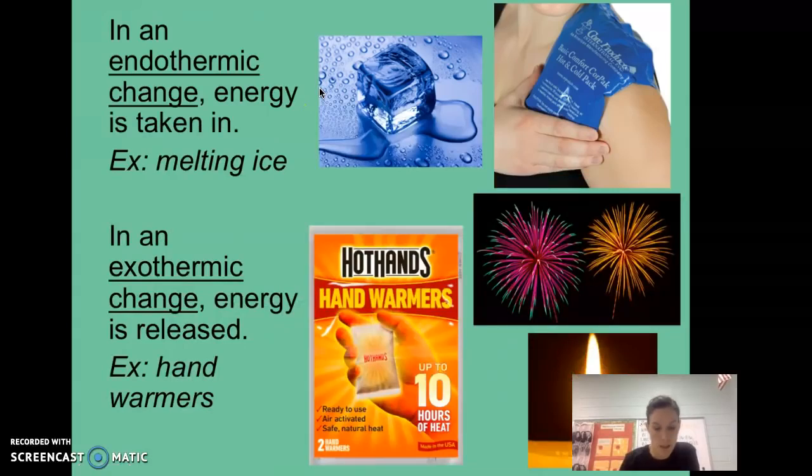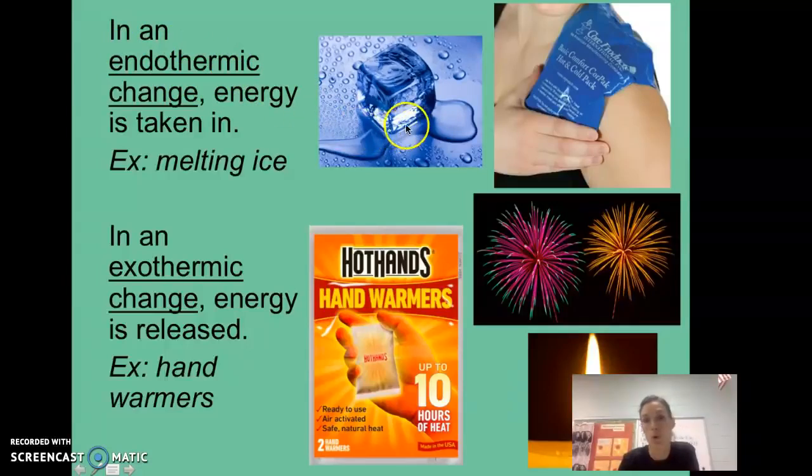All right, next up is endothermic change. Energy is taken in. So an example of that is melting ice. And on your notes, you have a little line for the stems. So endo here means within, and therm means heat.